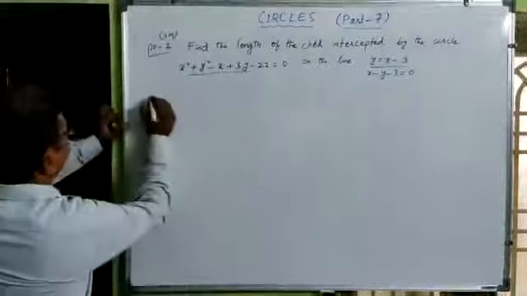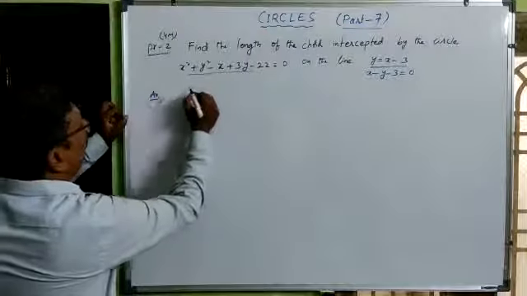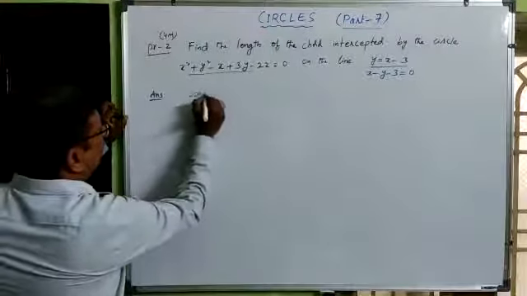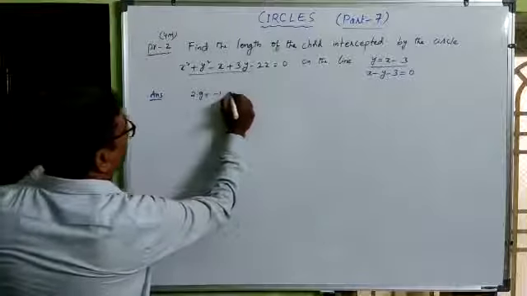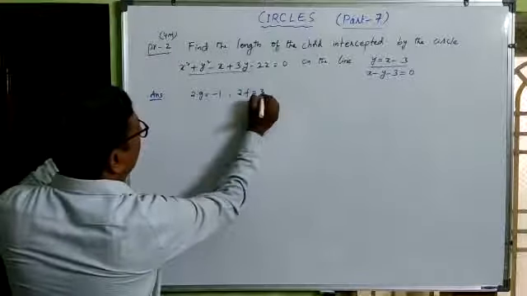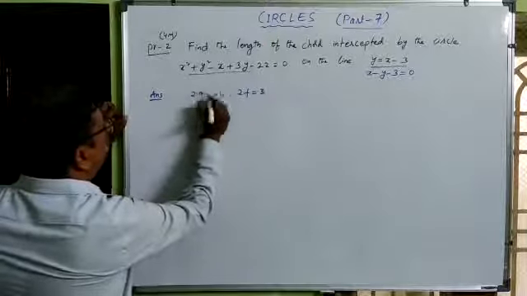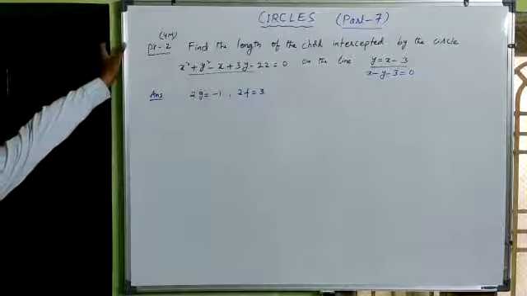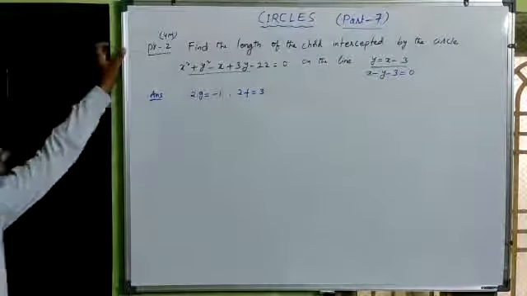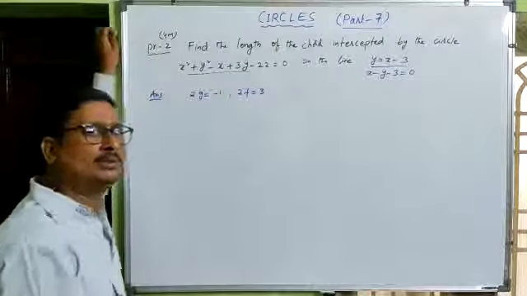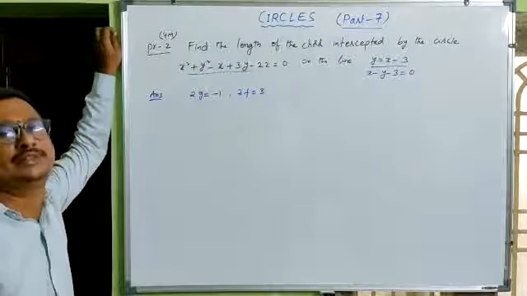So first, what do we have to find? 2g is minus 1, in the same way, 2f is 3. I am comparing the given equation with the general form of the circle. What is the general form of the circle? x square plus y square plus 2gx plus 2fy plus c is equal to 0.